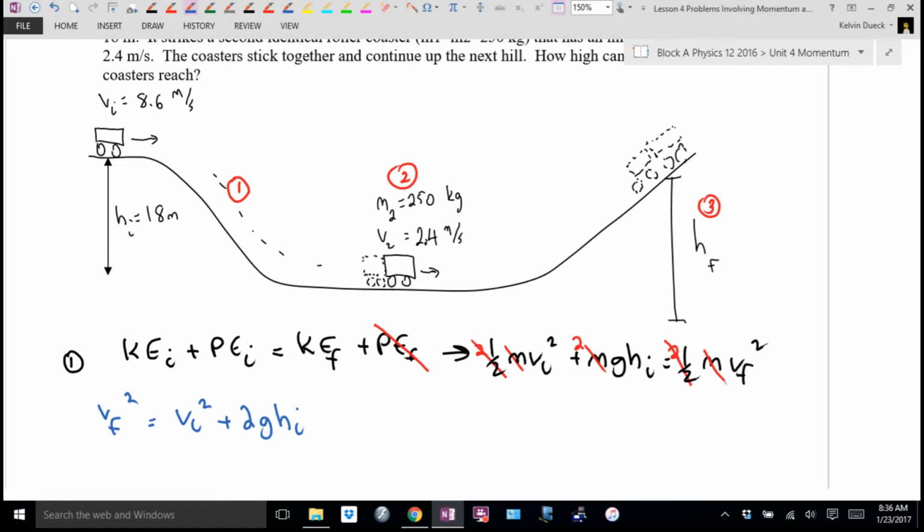I want to get the Vf. I want to know how fast the roller coaster is going at the bottom of the hill before it collides with the second roller coaster. I've got to get rid of a squared, so we're going to take the square root.